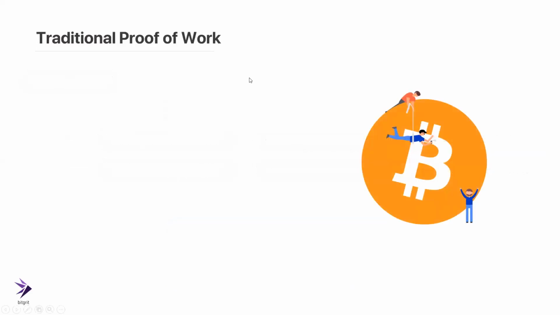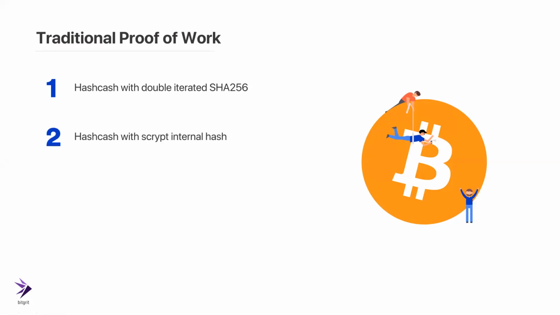Okay, so there have been traditional proof of work algorithms which have been implemented in cryptocurrencies. The first one is hashcash with double iterated SHA-256. This is what is used in Bitcoin. Another one is hashcash with scrypt internal hash. This is actually a significantly slower algorithm.